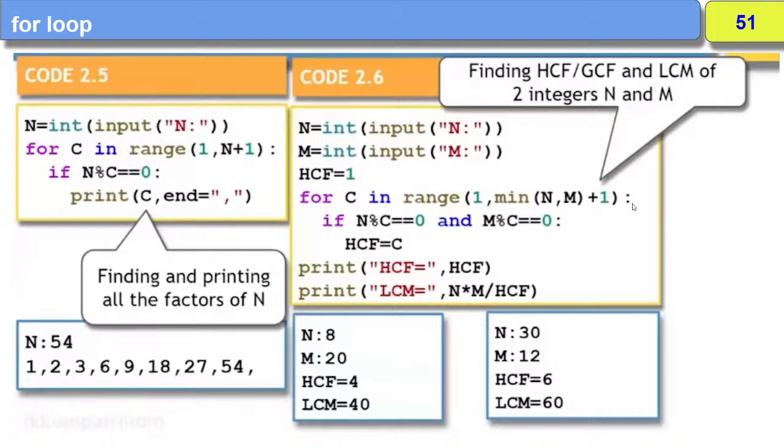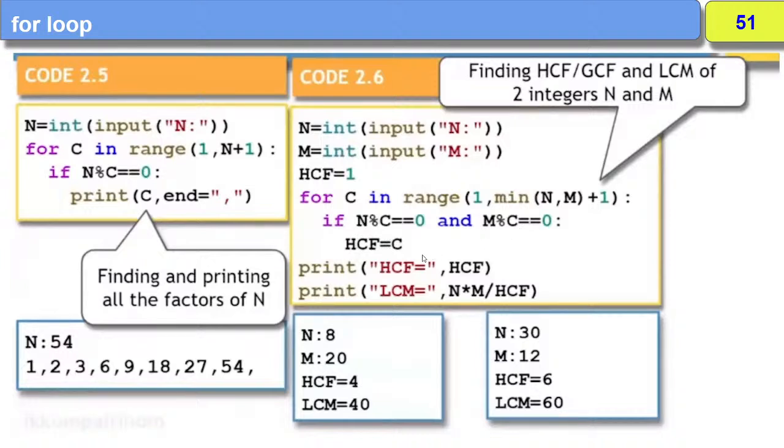This means the loop will run from 1 to minimum of n and m plus 1, and as c is generated, if it divides both numbers, that is the remainder is 0, it keeps becoming the HCF. So the highest value which divides n and m as well will be the highest common factor.